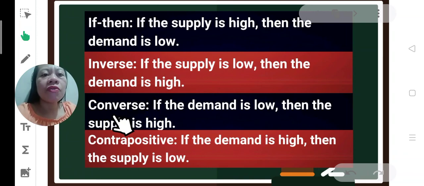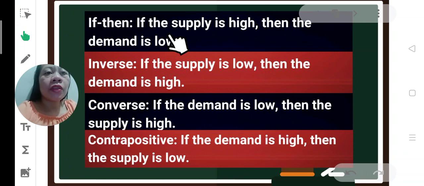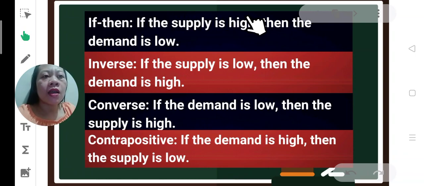And then for the converse form, just switch the position of the hypothesis and conclusion. So the conclusion here becomes the hypothesis and the hypothesis becomes the conclusion. So we have this one: If the demand is low, then the supply is high.